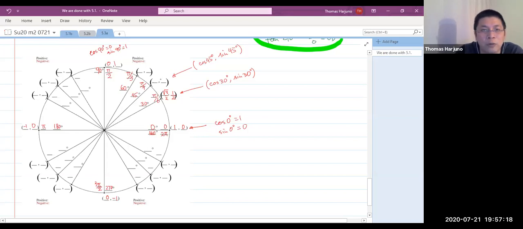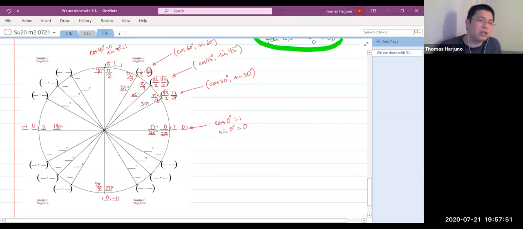We know sine 45 degrees, you should memorize from yesterday: radical 2 over 2 for the sine and also for the cosine. For the 60 degrees one, that's cosine 60 degrees, sine 60 degrees. Cosine 60 degrees, we know it was 1/2, and sine 60 degrees, radical 3 over 2.